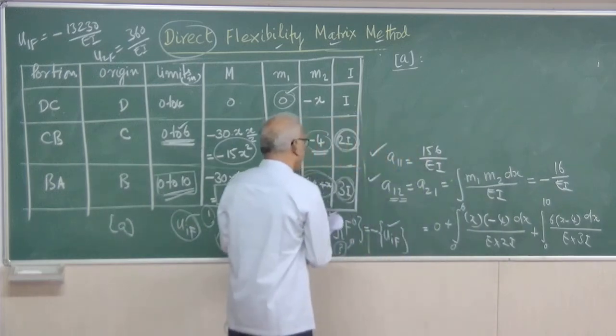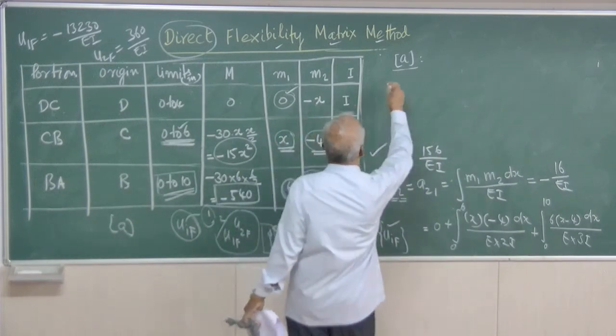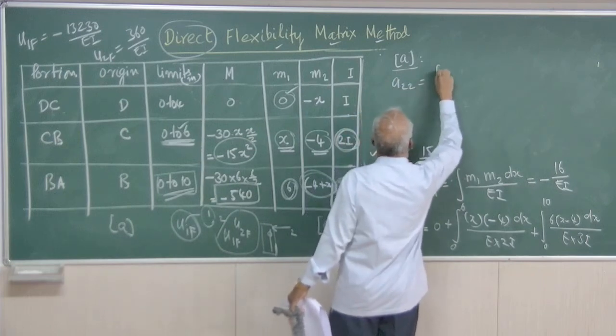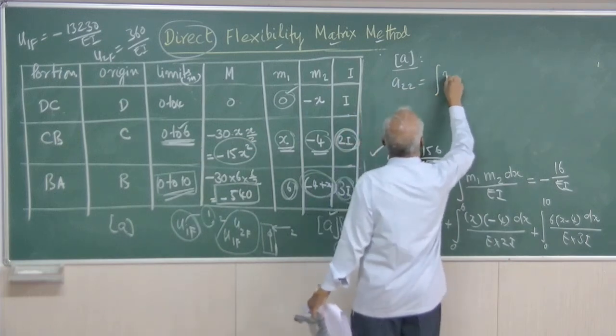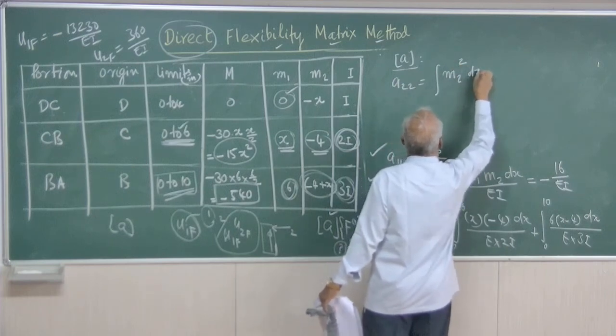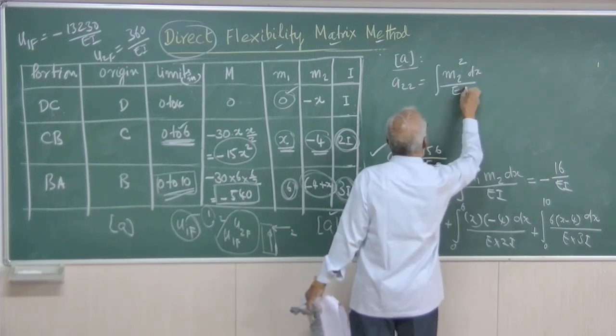Now, A22 will be the integral of m2 square dx by EI.